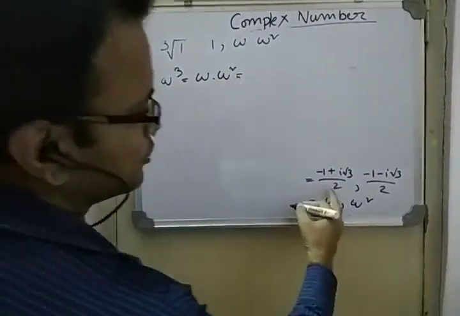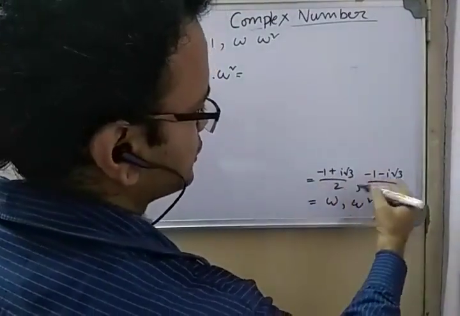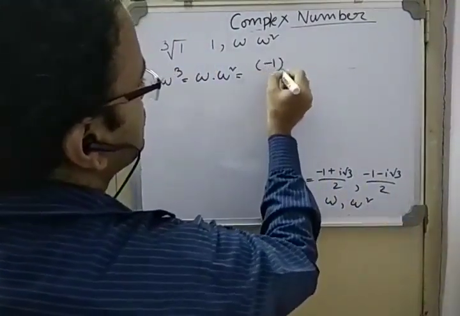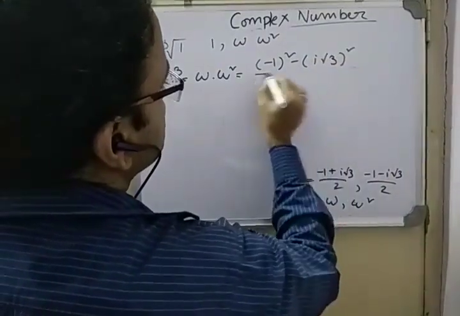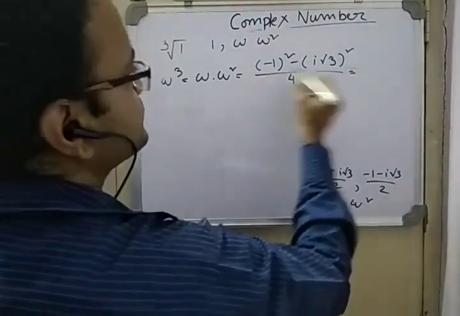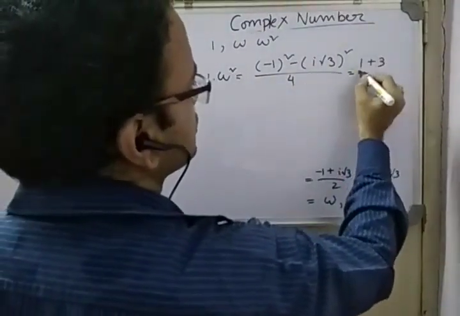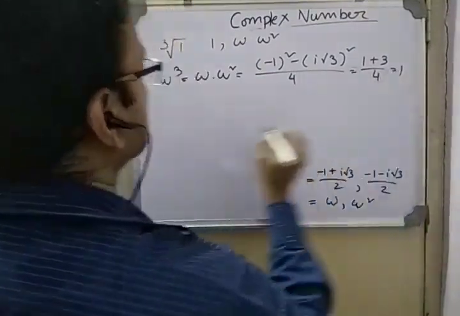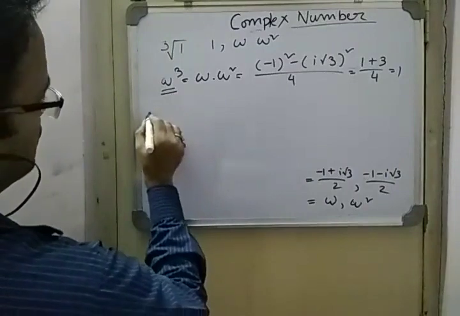If you multiply them, (a plus b)(a minus b), the numerator becomes a square minus b square, and the denominator is 2 into 2, 4. Here 1, i square is minus 1 makes it plus, root 3 square is 3. So omega cube is 1. This is an important value that you have to remember.